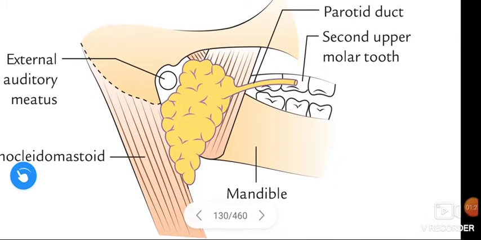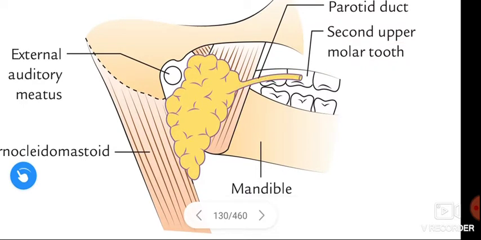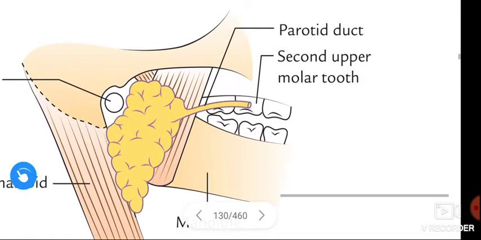This parotid duct opens into the vestibule of the mouth opposite the crown of the upper second molar tooth. See here, this is the second upper molar tooth.